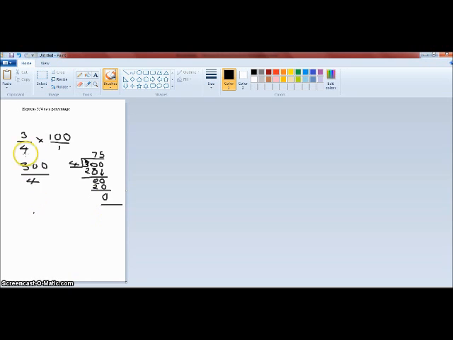And that means the answer is 75. Now we are expressing it as a percent, so you don't just write 75, you need to put the symbol of percent here. So 3/4, when expressed as a percentage, it becomes 75%. Let us move on to the next question.